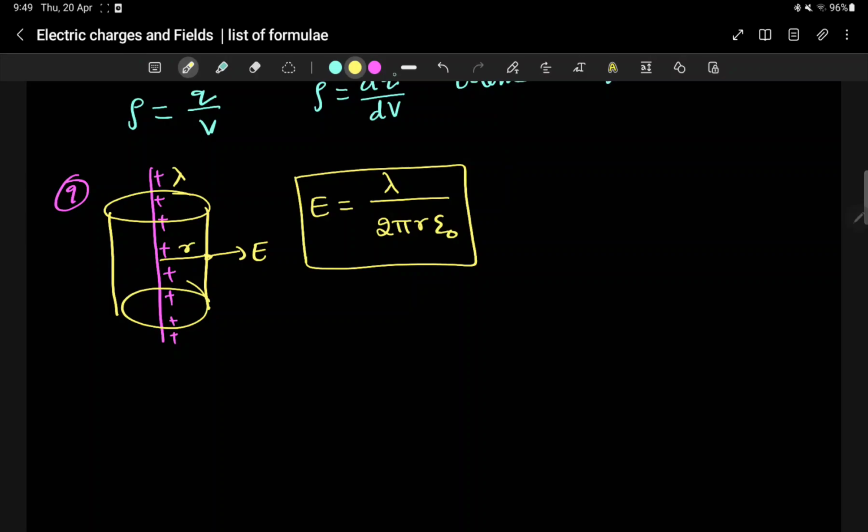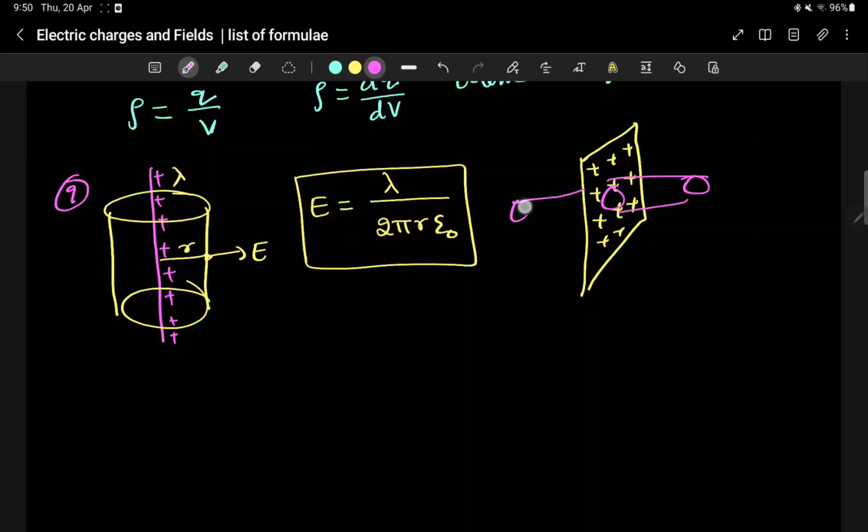Next, if you consider the electric field due to a thin uniformly charged infinite plane sheet, here also we have to consider the Gaussian surface on both sides.